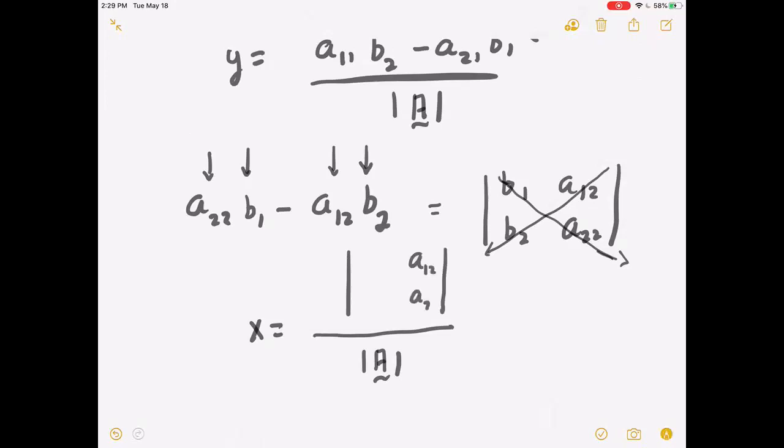You're taking the first column of the coefficient matrix, and you're replacing it by B1 and B2. Let me make that a little clearer.